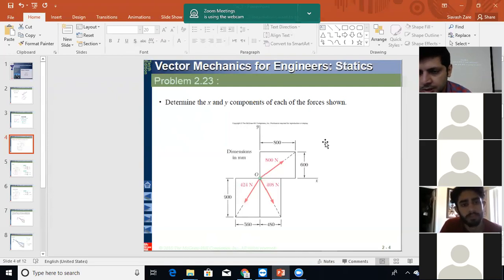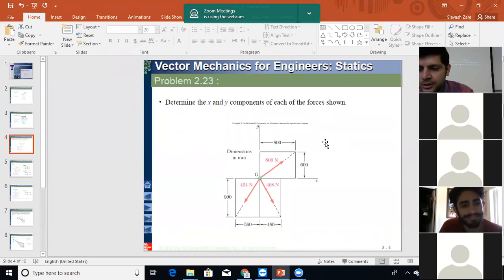Which is actually not my favorite solution. So usually people directly calculate sine of theta and cosine of theta. So what is the definition of sine of theta? Opposite over hypotenuse. Okay.